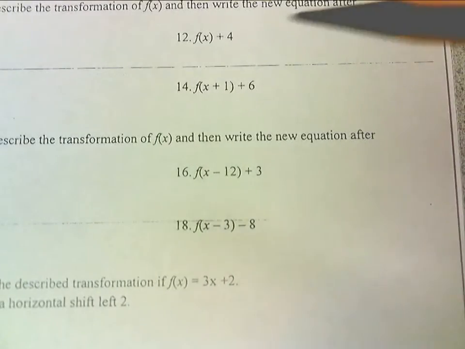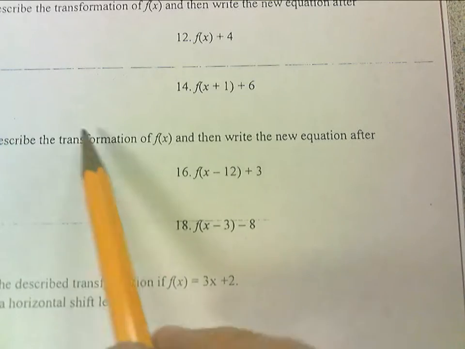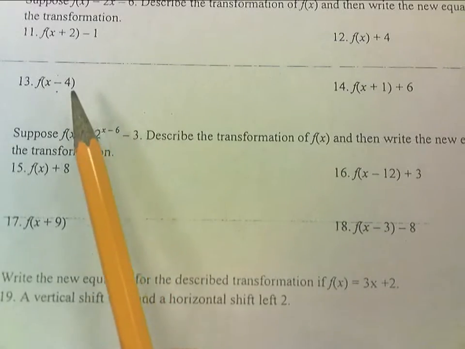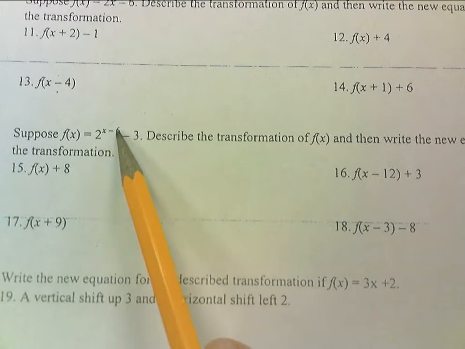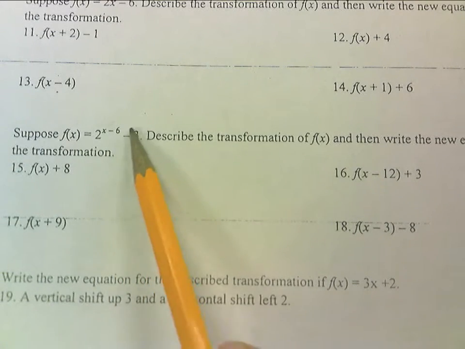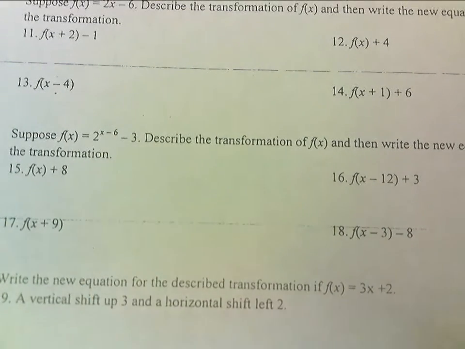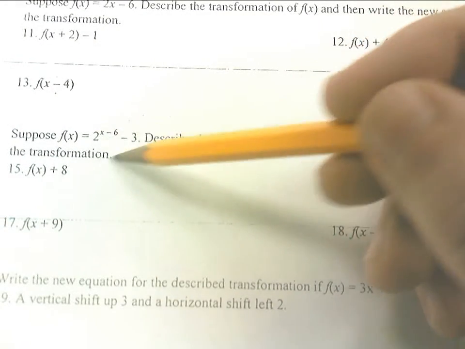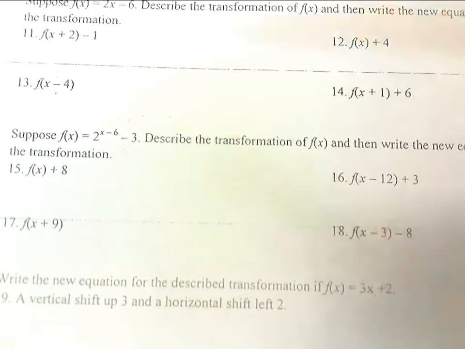So let's look at 16. So my original equation for this section is 2 to the x minus 6 minus 3. So I've got 2 terms already. So this is my default equation. So this isn't going to move my line at all. This is what my line is already.